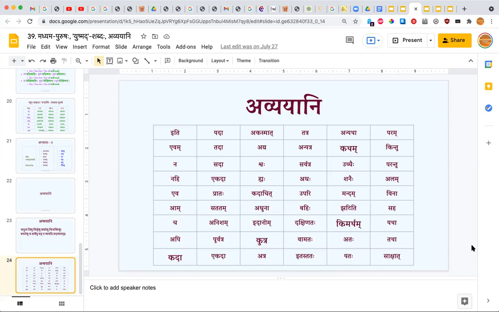Kala is in reference to kriyapadam. Dhanyavad Mahodaya.